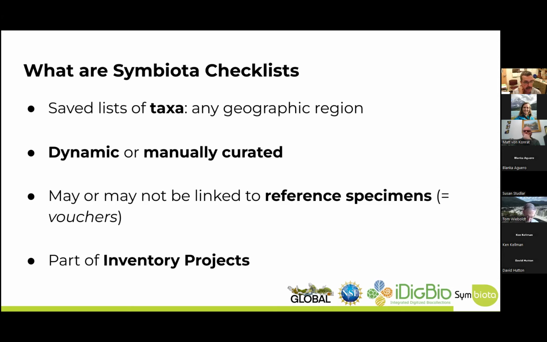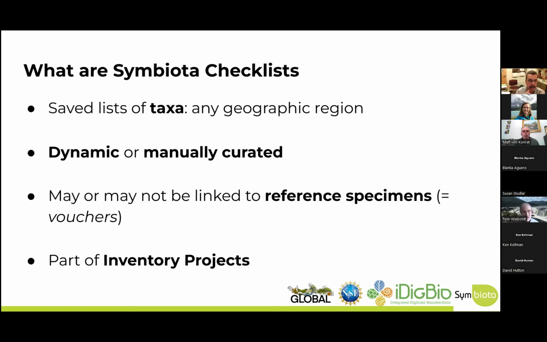You can create dynamic checklists by simply putting a dot on the map, and then the portal software will search all the collections and automatically create such a checklist. But much more sophisticated checklists can be done if you curate them manually.